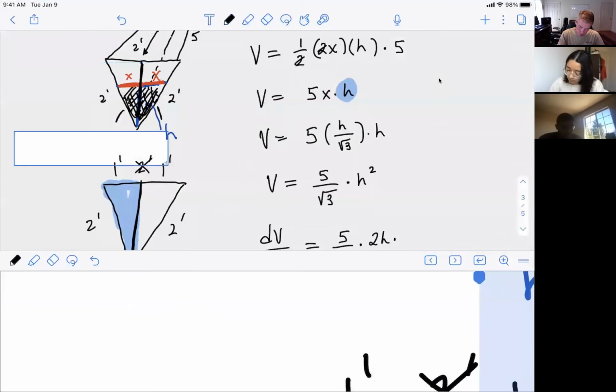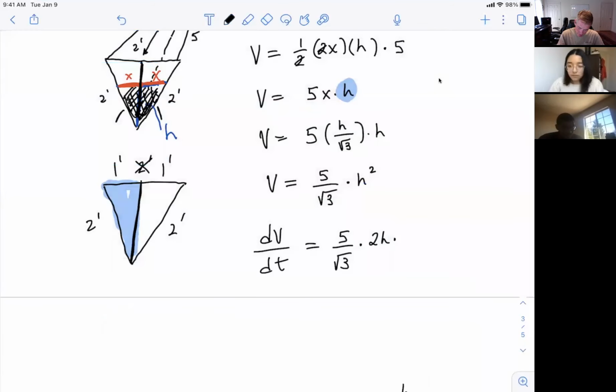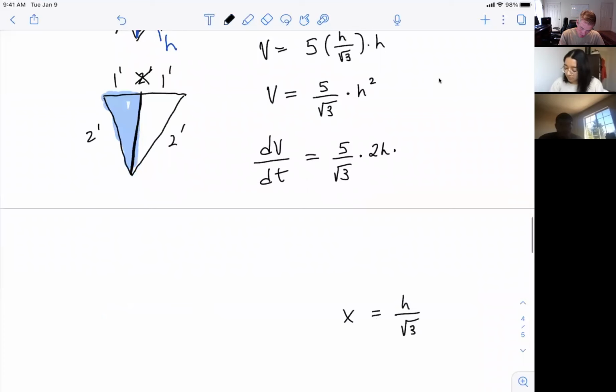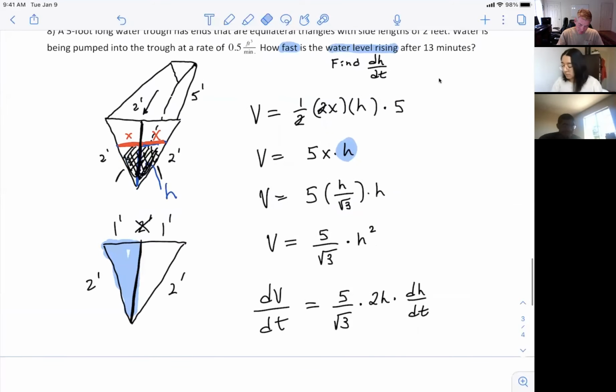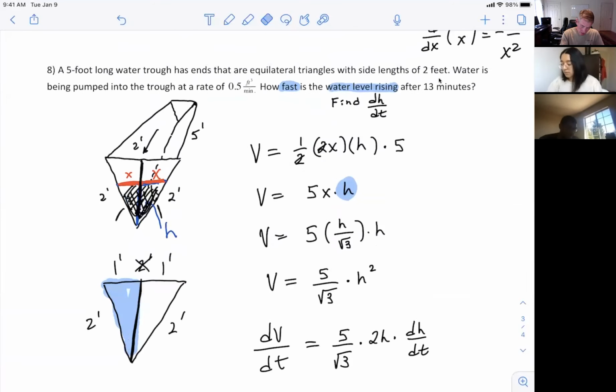And then by the chain rule, you could take the derivative of H with respect to T. And now we're almost done. So this part right here, that's the change of the volume over the change of time. So that means that goes right here for the dv dt.